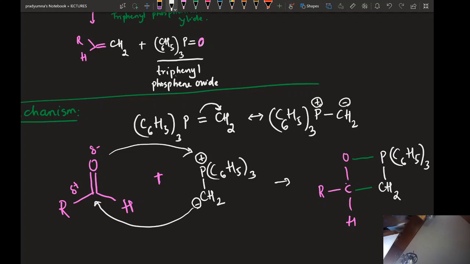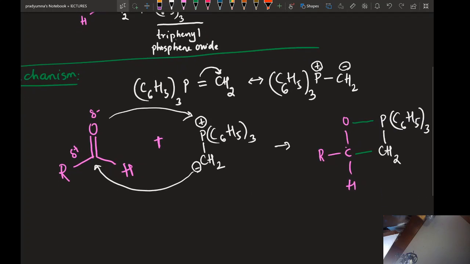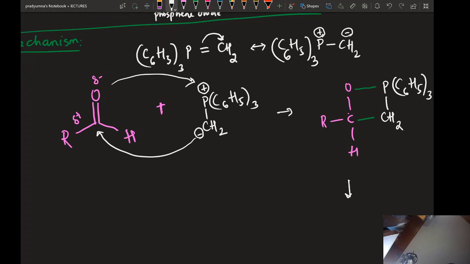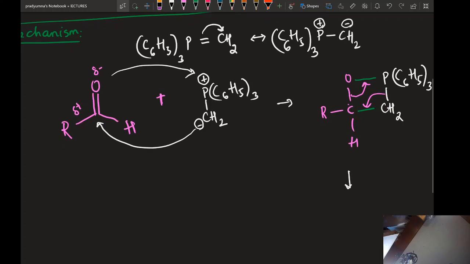Are we good so far? All right. So this is a 2+2 cycloaddition reaction where you made a cyclic ring. Now it will be just a rearrangement of electrons. You're going to break the C-O bond, which will move back there, and you will also bring back this one as well. This is a cycloaddition in a concerted manner, so everything happens together. That gives us the product that will look like this.